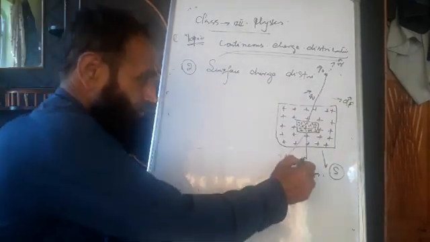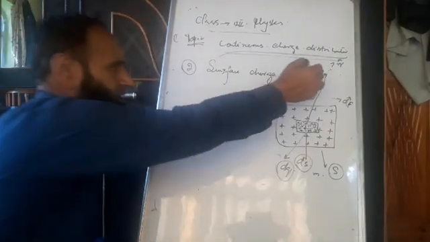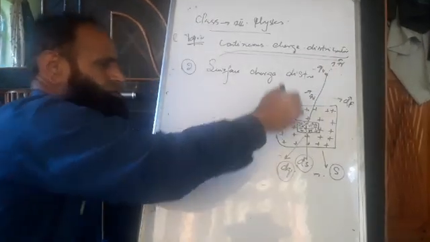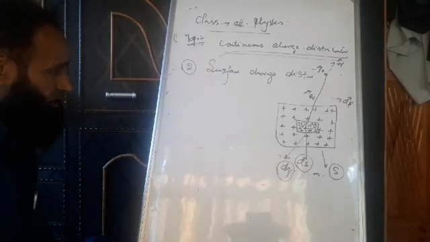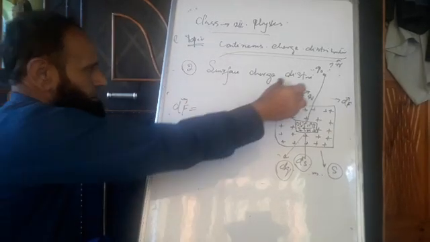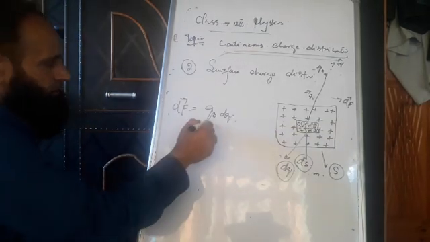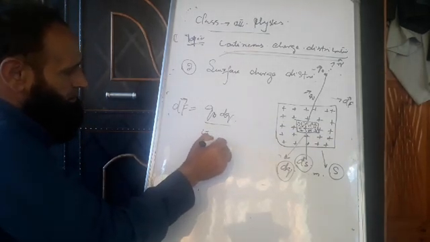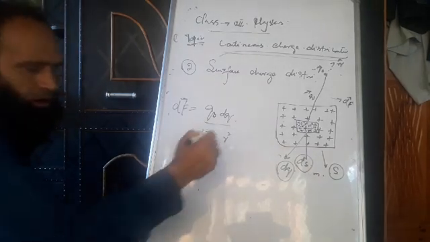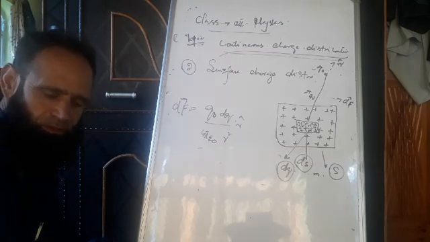The force is between the charges, either attractive or repulsive. Since the test charge is always taken positive, it may be repulsive. By Coulomb's law, df is equal to Q naught dq divided by 4 pi epsilon naught r square, times r cap.